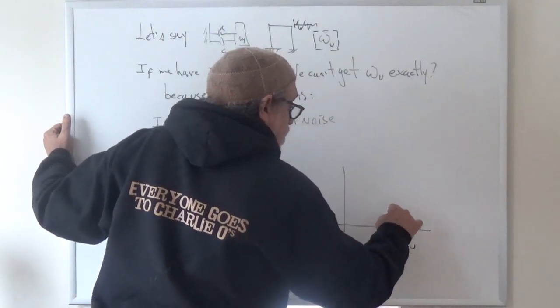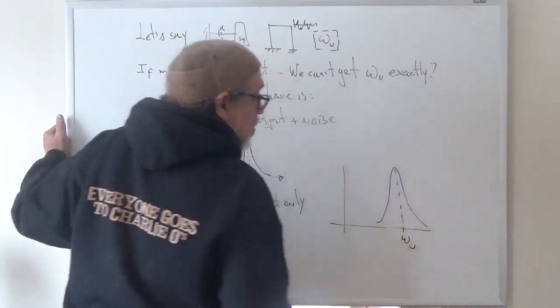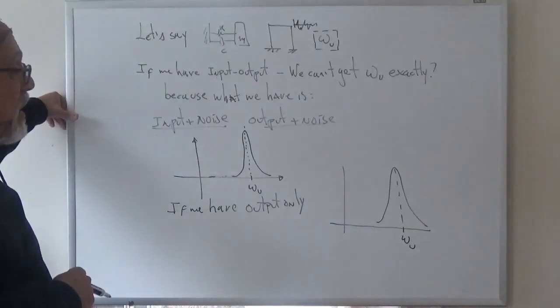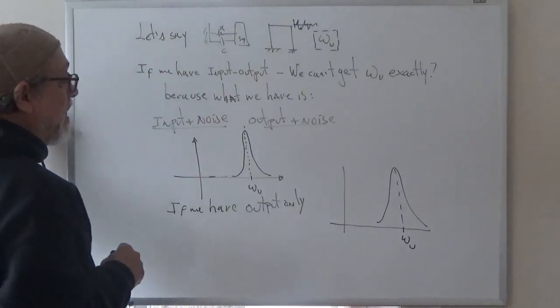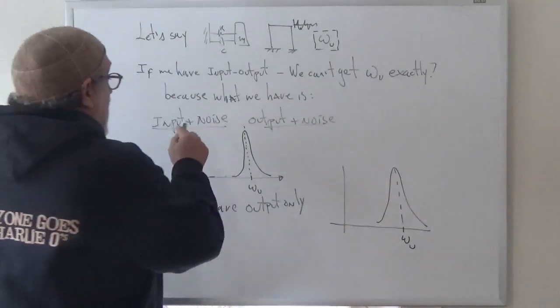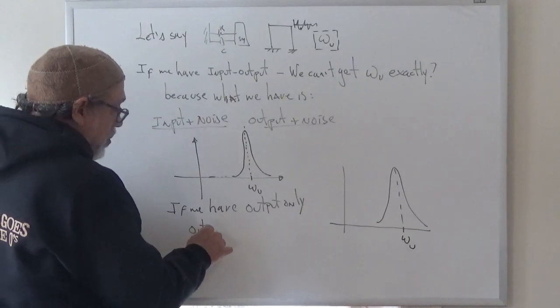And if the method that we use is unbiased, it would still have the correct mean in that space that we don't have access to, but the standard deviation would tend to be larger. Why? Because here we don't have input plus noise. We only have output plus noise, right?